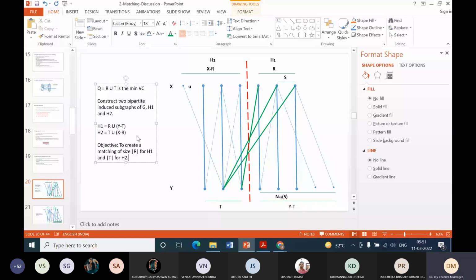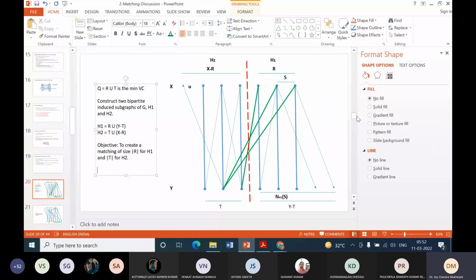This is my objective. If I am able to do this, then Q is the size of the minimum vertex cover, and if mod R is the size of the matching and mod T is the size of the matching in H2, then T plus R gives a total matching of this graph.